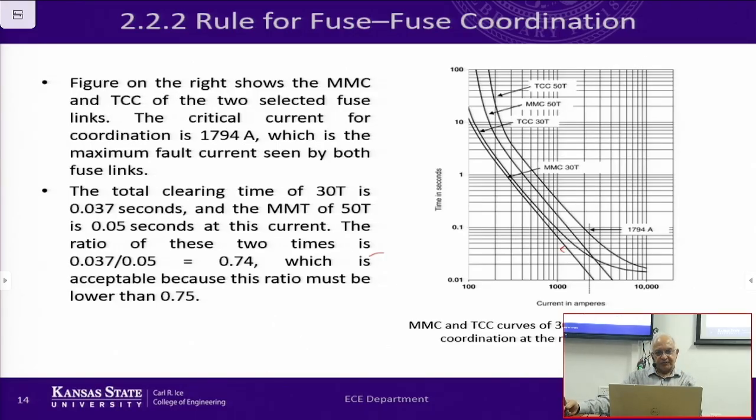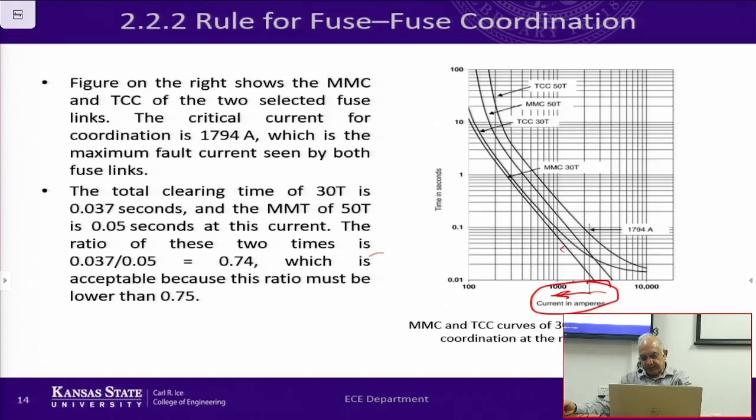So this selection is okay. It will work. So make sure that this vertical line should be shifted somewhere here, because 2000 is right here, 1000 is here, so the 2000 should be somewhere here.